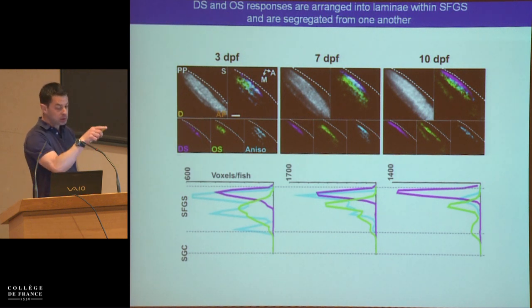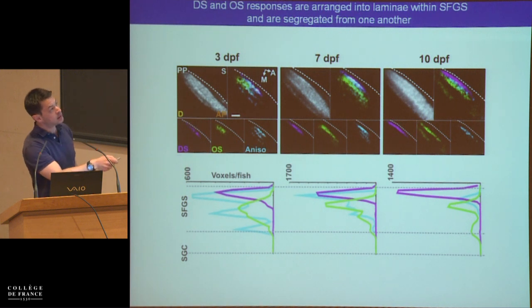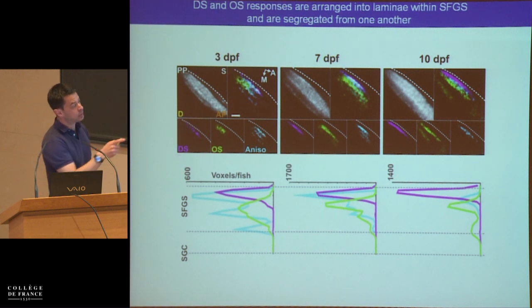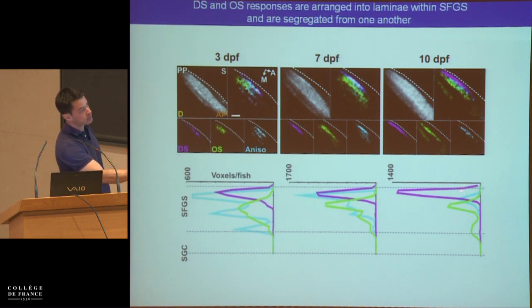Now if we look at the orientation selective responses, at 10 days these are also organised into lamina, but they're organised into two lamina, one in the middle of SFGS and one in the deeper part of SFGS. And if you look at this line plot, this line shows the distribution of the direction selective cells, that's this one, and the green one shows the distribution of the orientation selective cells.